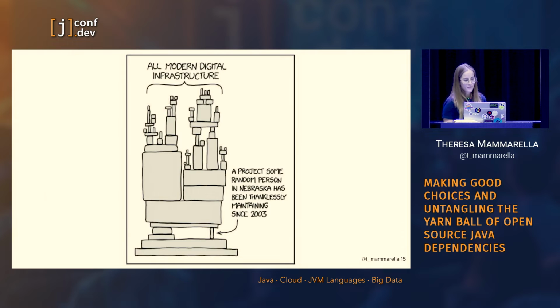So the point is, it's not just enough to wait for the next Log4j to come around. Our modern digital infrastructure filled with open source technology is starting to look a little bit like this, and it can be unsettlingly dangerous if we don't actually know what's in it.